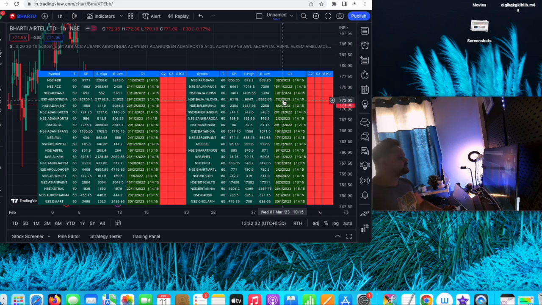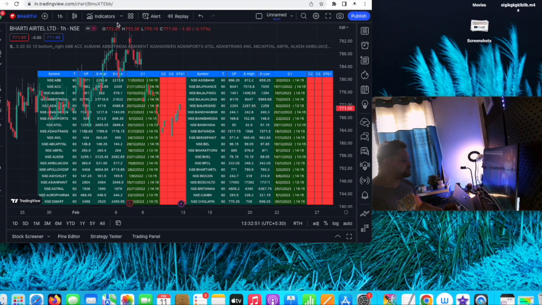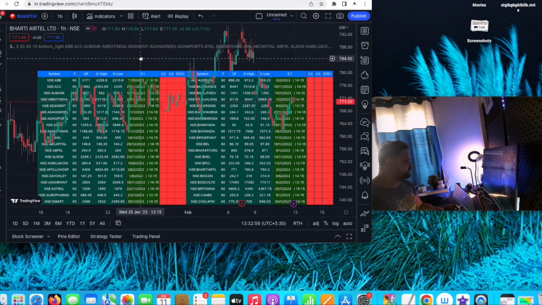So this is how easy you are going to find if you use the scanner. I'm not going to gain anything out of it. This is a gift from me to the people who trade breakouts and they're finding difficulties to select stocks which are having breakouts.